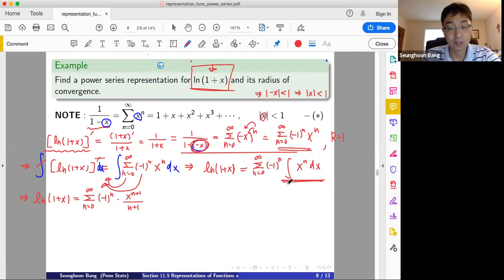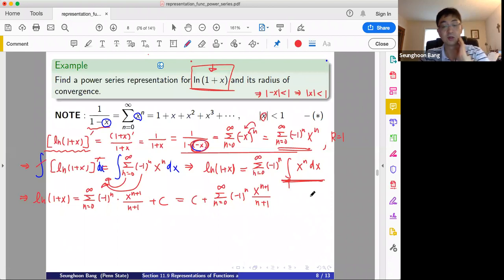So one more. This is an indefinite integral, just write c. And we interchange, so c plus summation from n equal to 0 to infinity minus 1 to power n, x to the power n plus 1 over n plus 1. So we have this answer. So what does it mean? The ln of 1 plus x is this one.